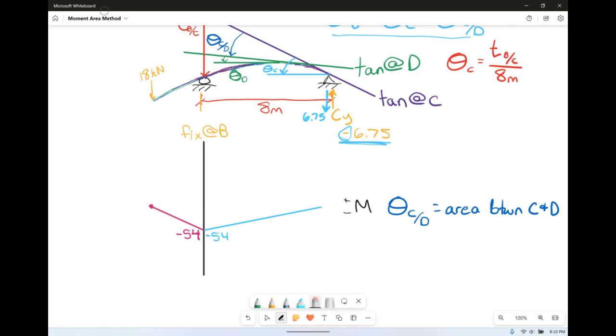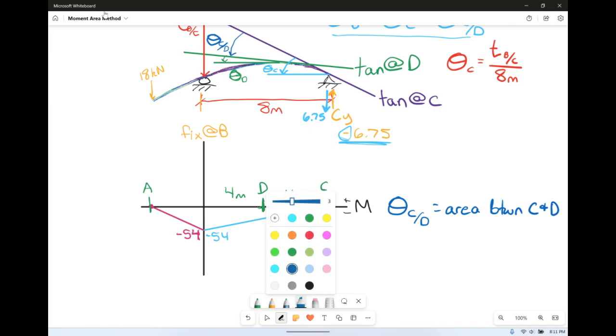D is going to be probably about right here. Remember, he's 4 meters in from each end. So close enough. C is over here. This is B, and way over here is A, just to mark those out. So we need to find the area between C and D. That's this piece right there.